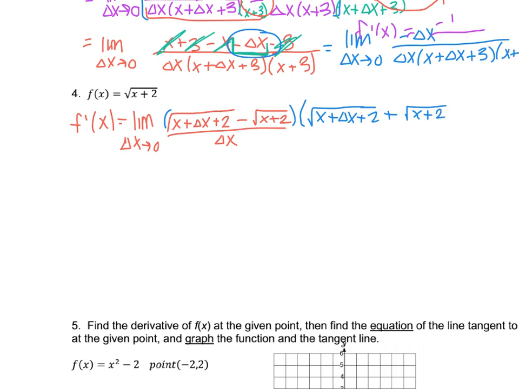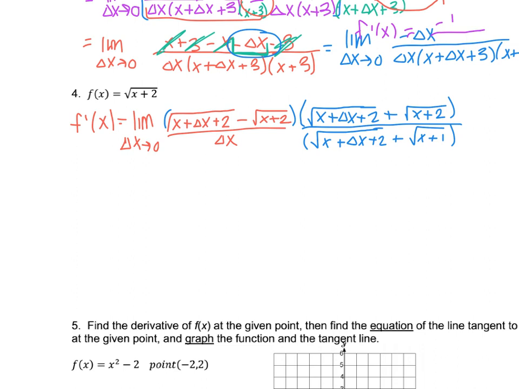And remember, these always start out really intense looking, but they do simplify nicely. So then I'm multiplying by that same thing in the denominator, because we don't want to change the value of this problem. So we're really just essentially multiplying by 1.